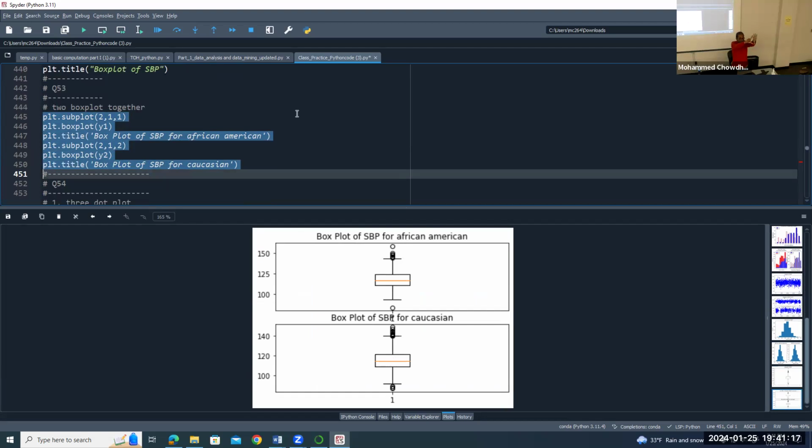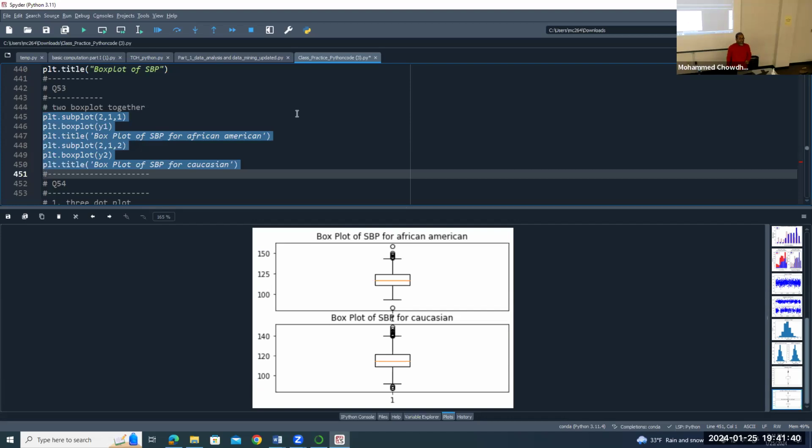How many dot plot? 3 dot plot, right? 1 histogram for the whole SBP, 2 histogram, 1 for the African American and 1 for the Caucasians. How many histogram? 3. 1 box plot for the whole SBP and 2 box plot, 1 for the African American, 1 for the Caucasians. How many? 3 box plot. 3 dot plot, 3 histogram, 3 box plot. How many plot? 9 plot.